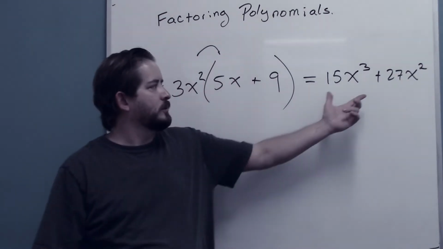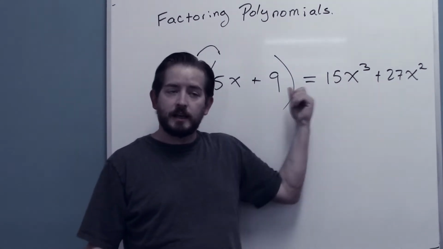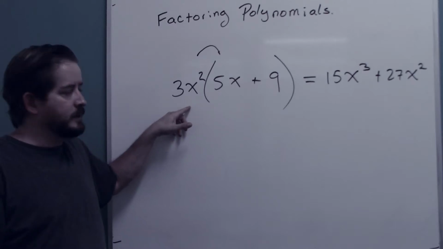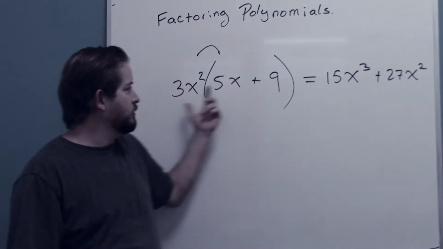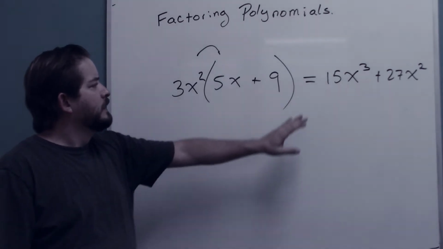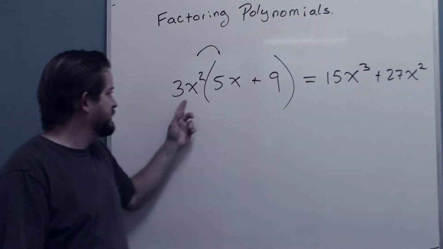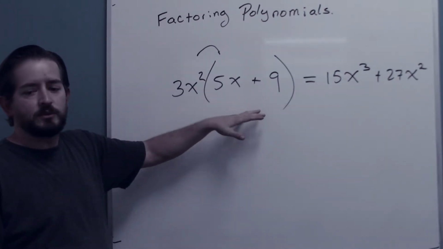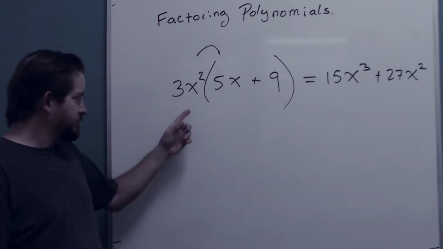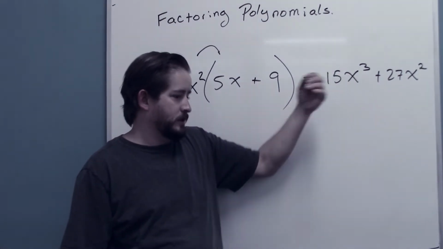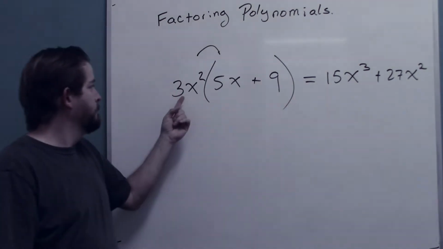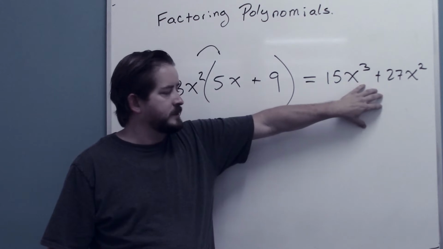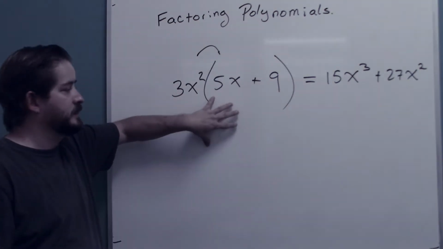And again, we can look at the right-hand side of this and say, what can I essentially pull out and write over here as a product? And that's what factoring is, taking something and turning it into the product of other things, right? The biggest thing that I can pull out here is a 3x squared, because 5x and 9 have nothing else that will divide evenly. And so the biggest thing that I can pull out from over here is that 3x squared.